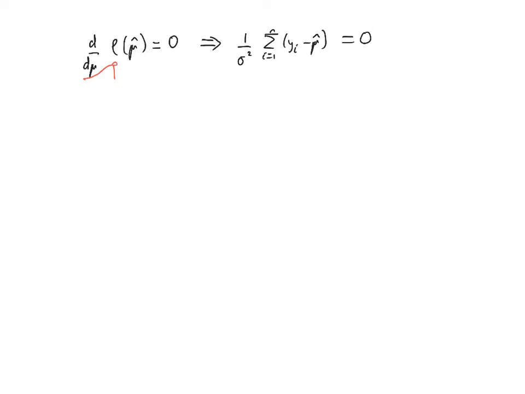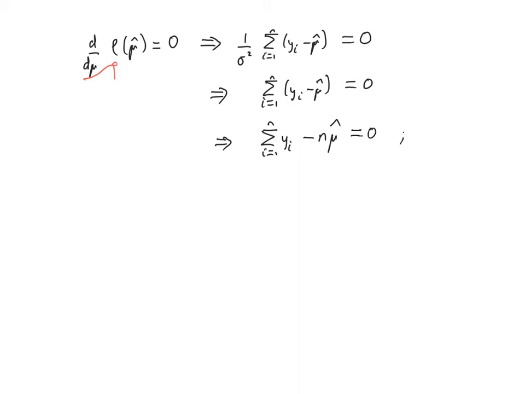Now, we can get on and solve this for mu hat, because the constant there can be multiplied through and therefore disappears. So that's the same as the sum from i equals 1 to n of (yi minus mu hat) equals 0. And then we can expand this sum, so we end up with the sum of the first term minus n mu hat, because we're summing together n lots of mu hat, and that equals 0.